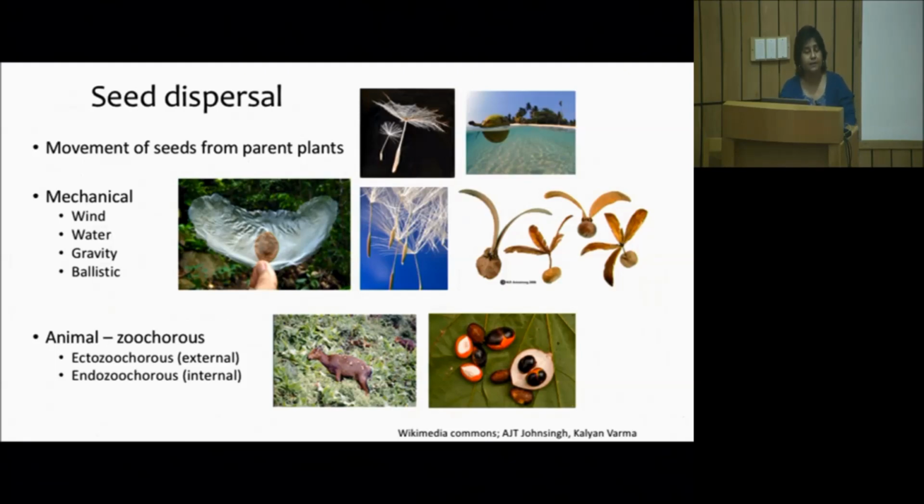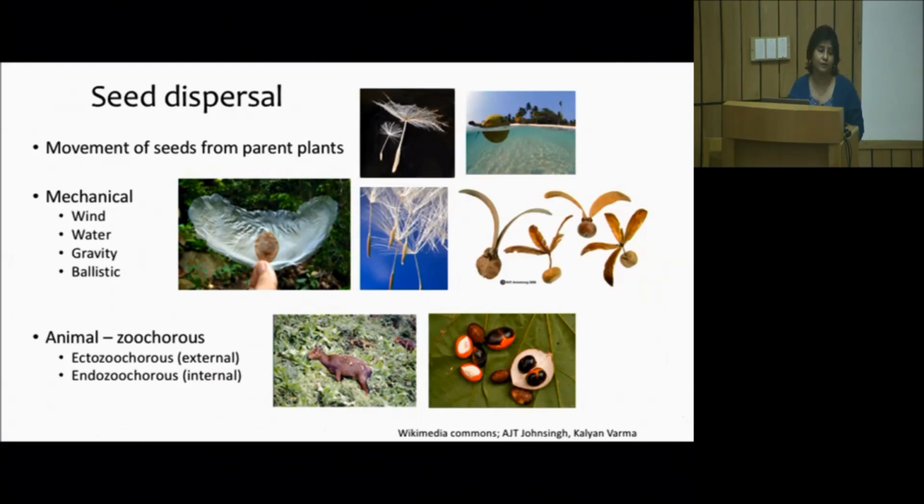There is also animal dispersal, obviously, which is known as zoochory. The dispersal can happen externally on the body fur of many animals, like in this picture, which shows a goral carrying seeds of a particular plant on its back inadvertently.